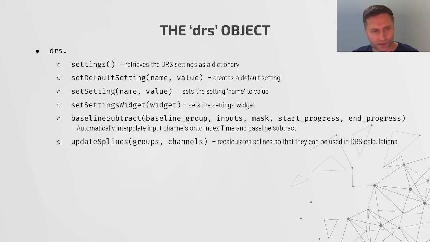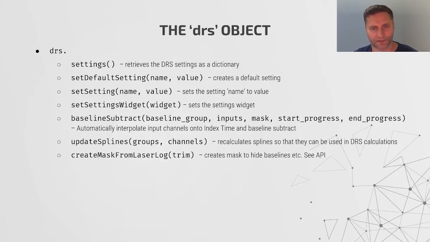There's also an update splines function, which will recalculate the splines using what has been calculated in the DRS up to this point. This makes sure that when your DRS continues, it's using the most recently calculated values. There's also some functions to create masks, and this is the most basic one, which will mask out all of your background regions.